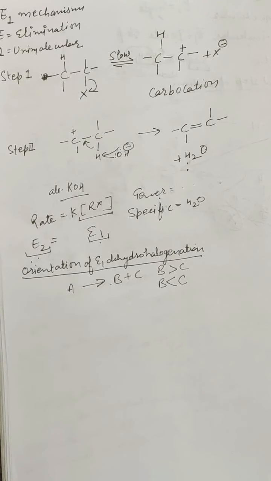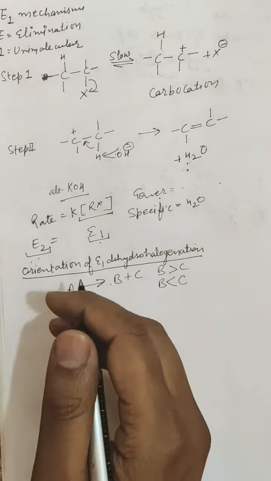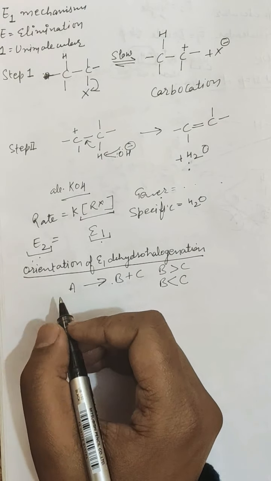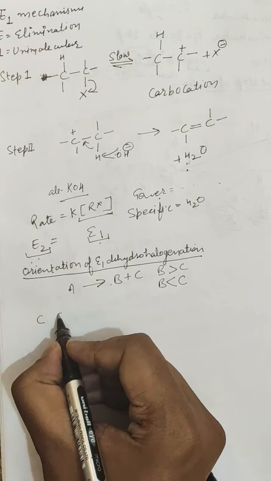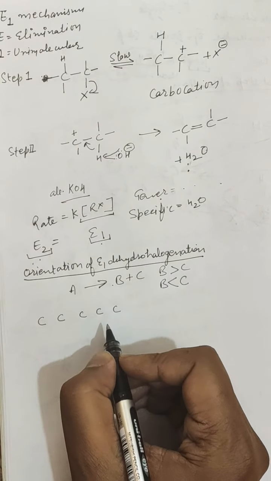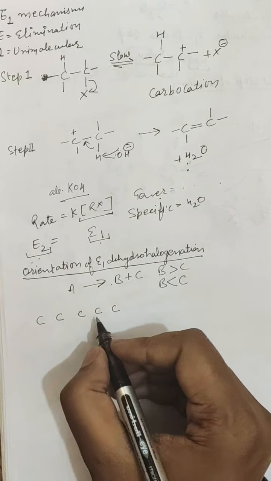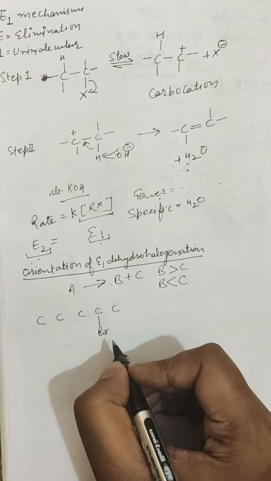So this is the orientation, and we will study the orientation in case of 2-bromopentane. First of all we have to write the formula of 2-bromopentane. Pentane means there are 5 carbons, 1 2 3 4 5, and it's 2-bromopentane. So at the 2 position there is bromine.